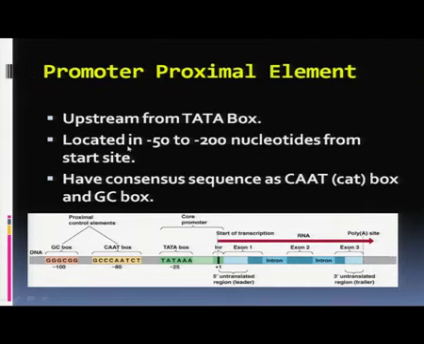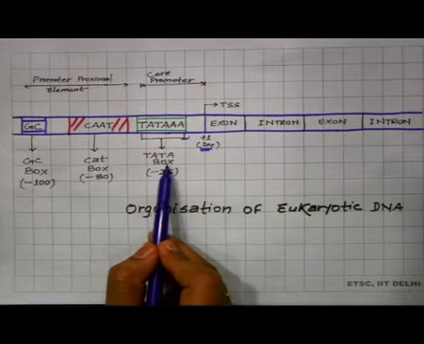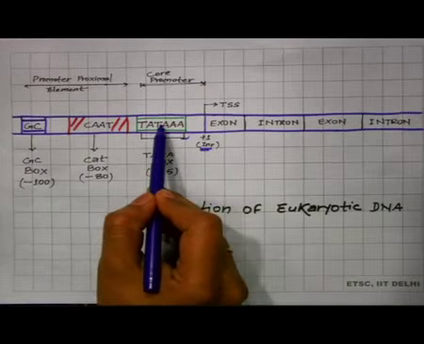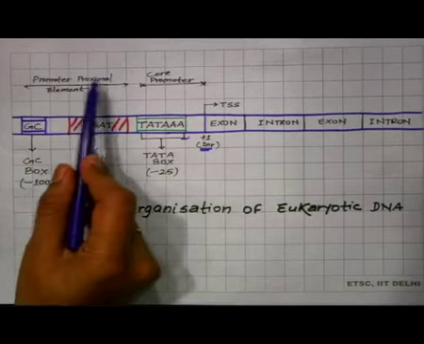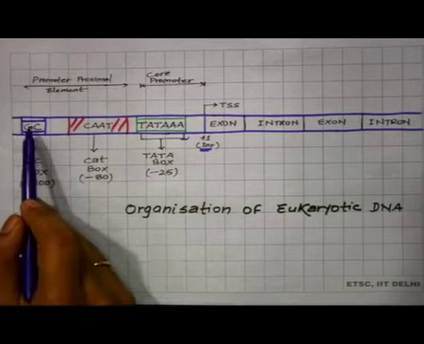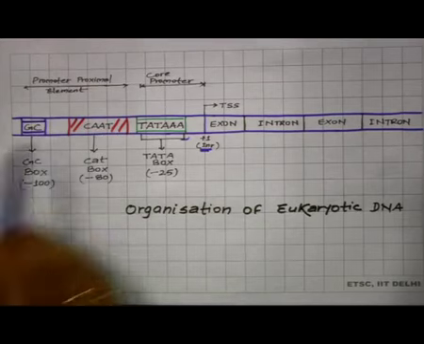And the promoter proximal element, the second region of the promoter of eukaryotic DNA, is found upstream of the TATA box. You can see this is the TATA box, TATAAA, which is found in the core promoter, and upstream of this core promoter, the promoter proximal element is there, which has two specific consensus sequences.